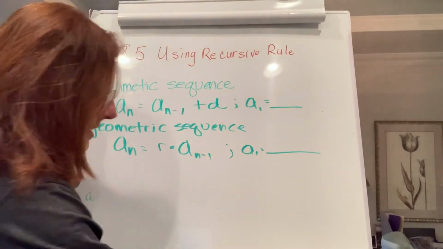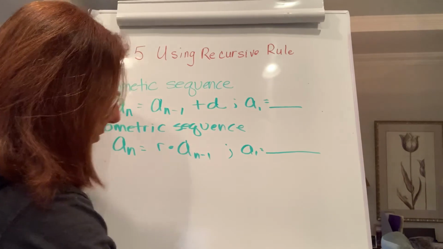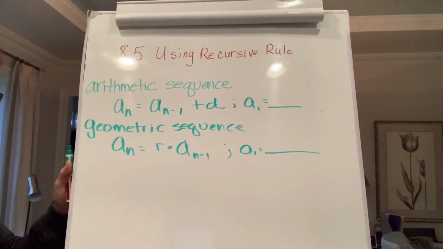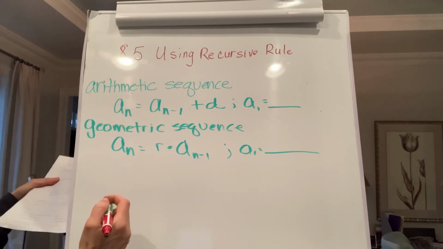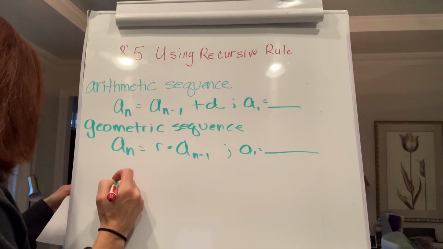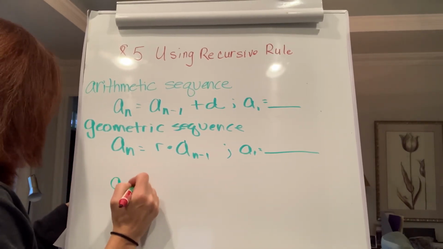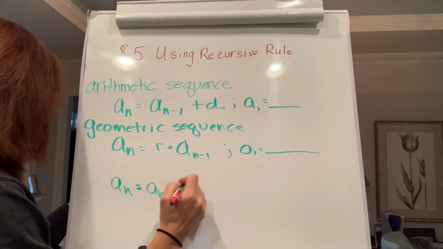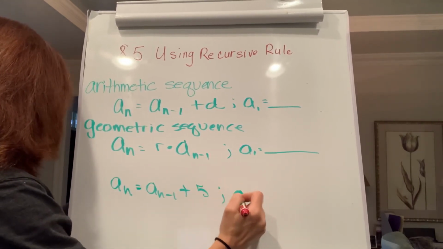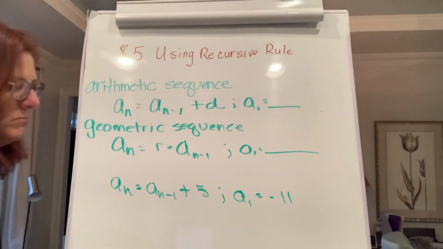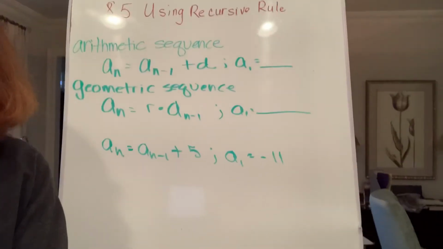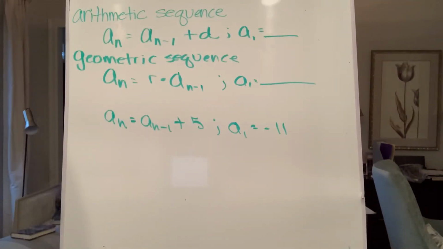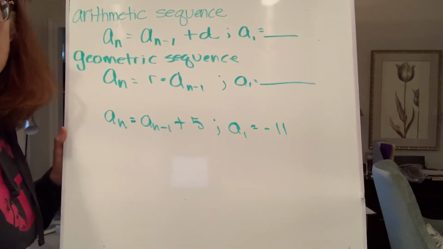All right, I'm going to give you a recursive rule and we're going to practice writing out the terms. Okay, so here is a rule. I want you to write the first 6 terms. So I'm starting with negative 11.